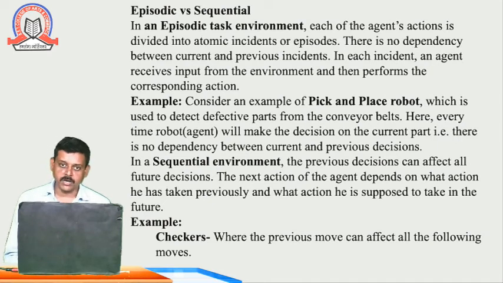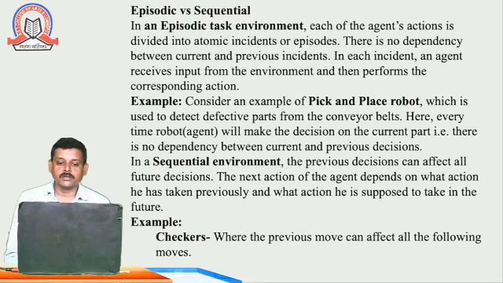If the first part is good, then it will let it go on the conveyor belt. If there is a defective part, it will pick up the defective part only. So it is not depending upon the previous or the next step. And then in a sequential environment, the previous decision can affect all the future decisions.